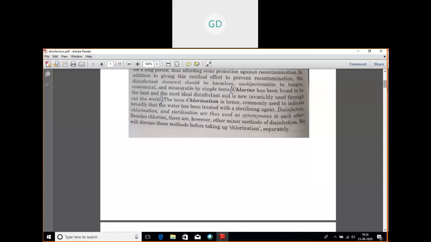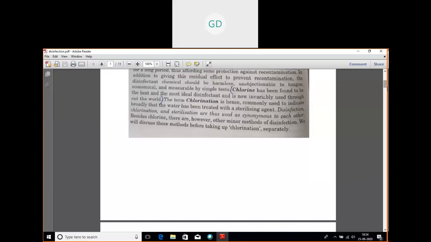So disinfection is a very necessary step after filtration. When water is supplied to armies, the whole process is not possible, there is no time to give all the treatments. It is not possible to give plain sedimentation, or to do screening.